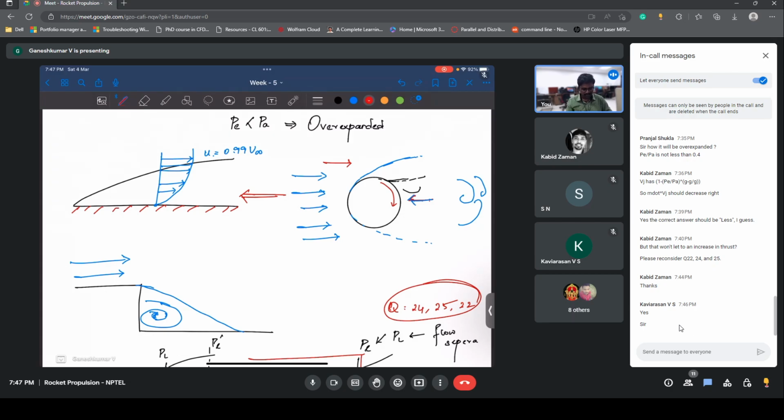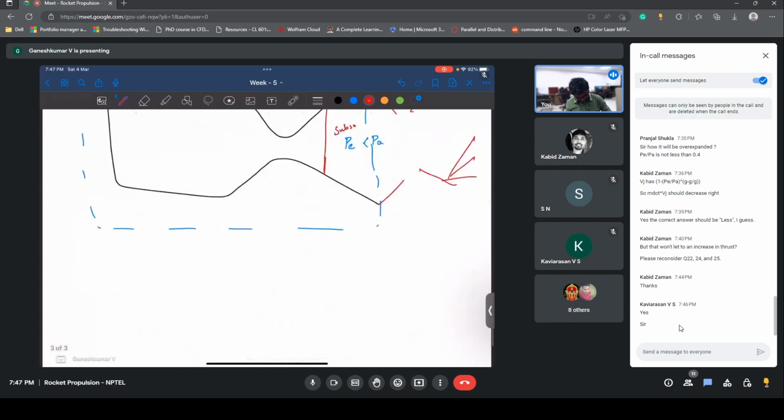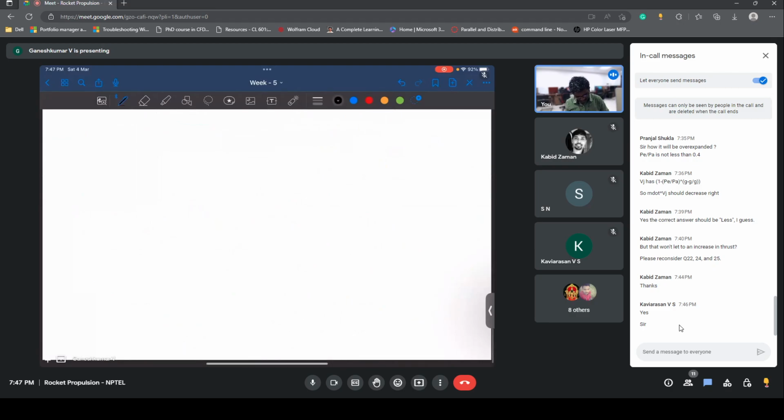In Caviers' message. Okay, okay, I will explain why flow separation happens. So let me think what example I can give. There are multiple forces that come into play when you talk about flow separation.